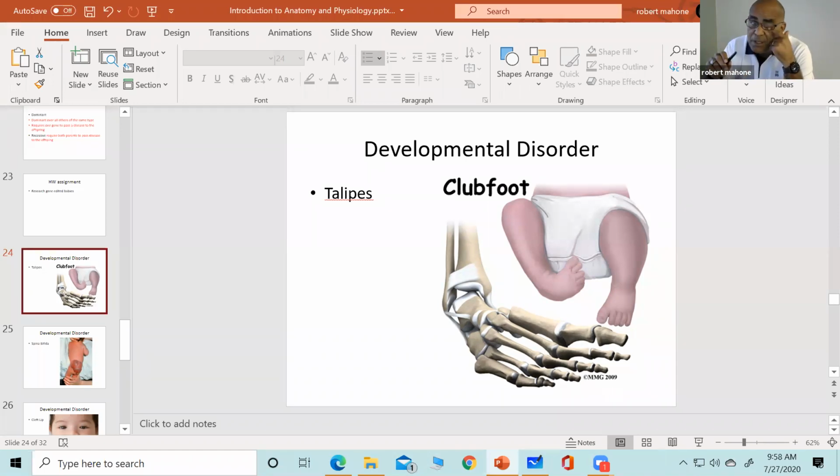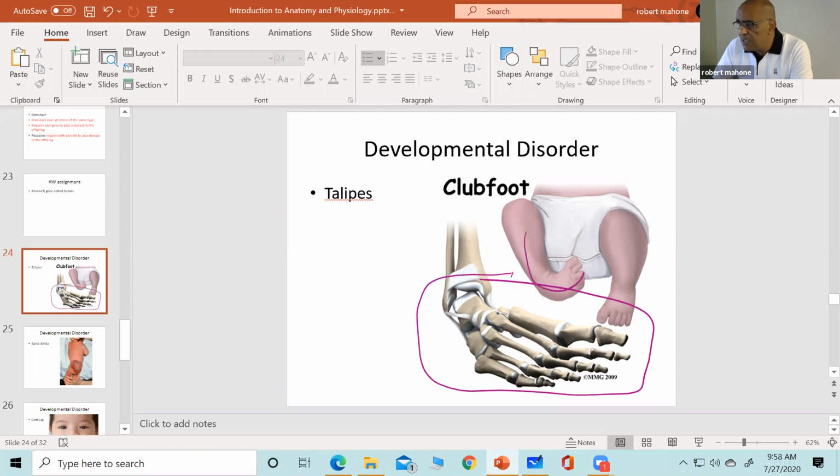This is something where your DNA was correct. There were no problems in the DNA at all, except while you were developing in the womb, something wasn't made correctly. And it sometimes has to do with positioning in the womb. And you end up with something like a club foot, a foot that turns inward at the side like that.